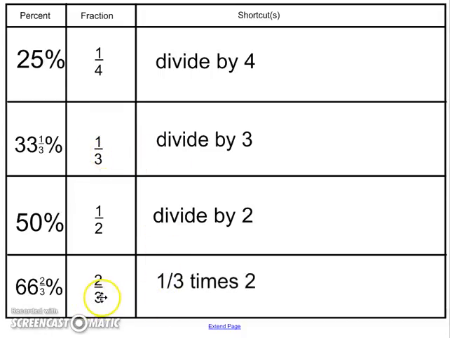So a lot of times if I'm going to find 2/3 of something, I'm going to figure out what the value is at 1/3, and then multiply it by 2. Okay, so I'm not actually going to use the 66 2/3 itself. I'm going to use the 33 1/3 and then double it. And I can use that idea for a lot of concepts.